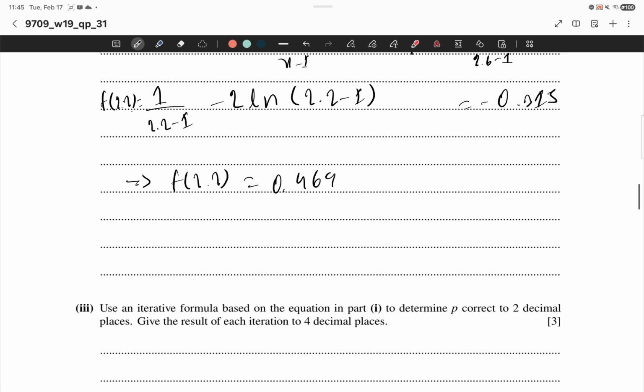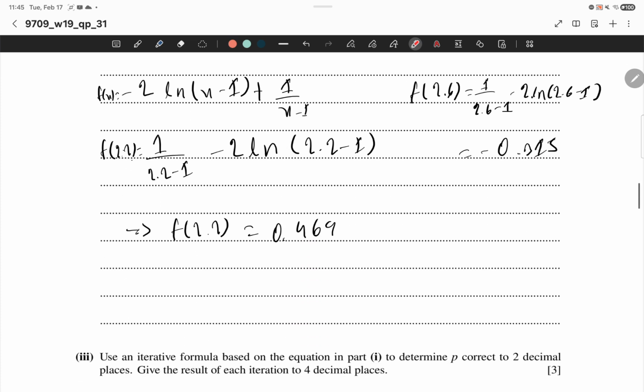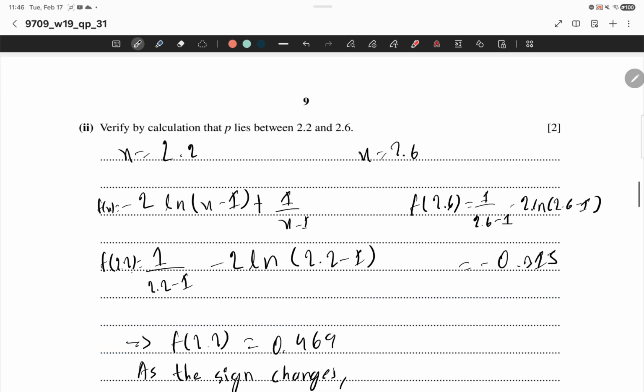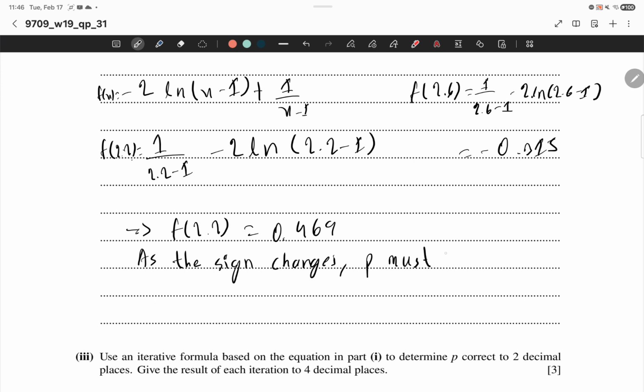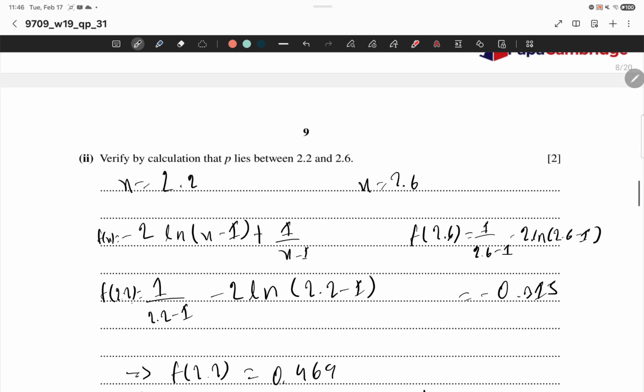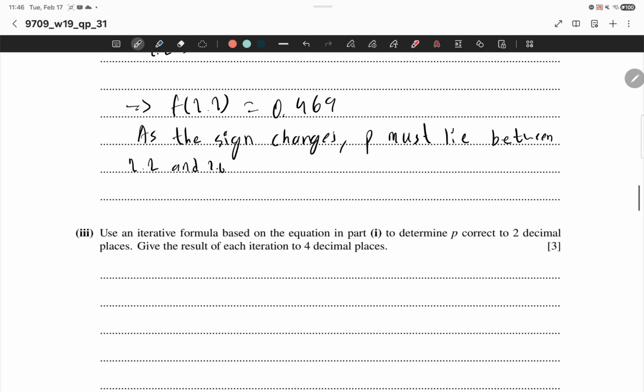I'm sorry for the background noises. Anyway, so this value is positive, so this value is negative. So yeah, I think yeah, this was it.